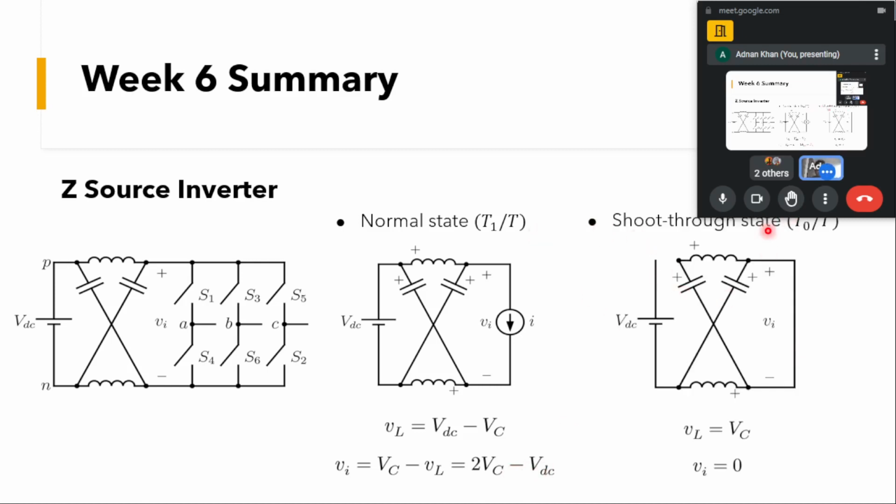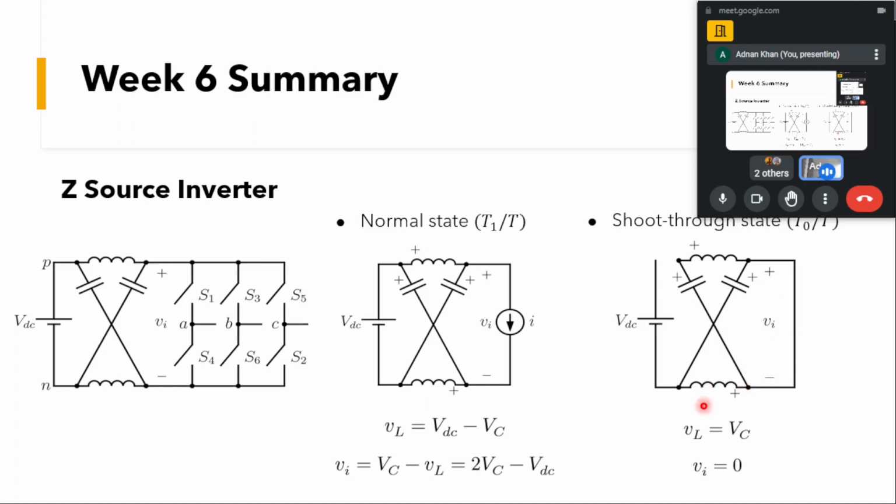Now another state is the shoot through state, where S1 and S4 will be shorted. So when S1 and S4 are shorted, there will be no current through the load. And since there is no current through the load and our source, the source will also be disconnected. What will happen? Inductor and capacitor current will flow in this loop.